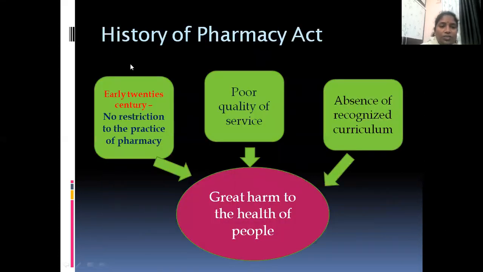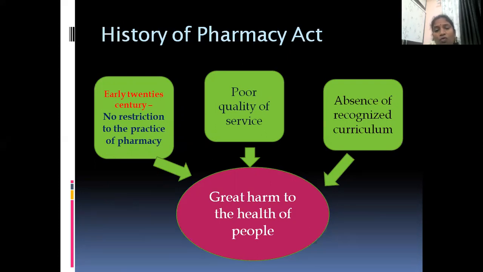So how did it originate? As I already told you, in the early 20th century there was no restriction on the practice of pharmacy. They were concerned about profit only, not about quality.